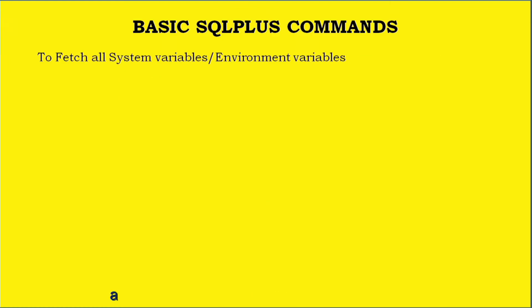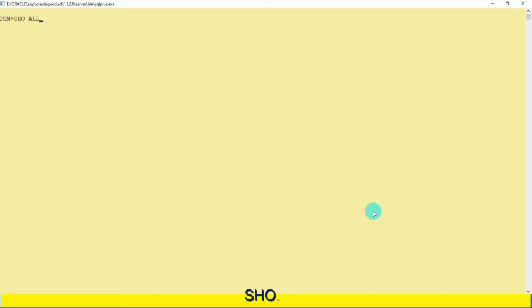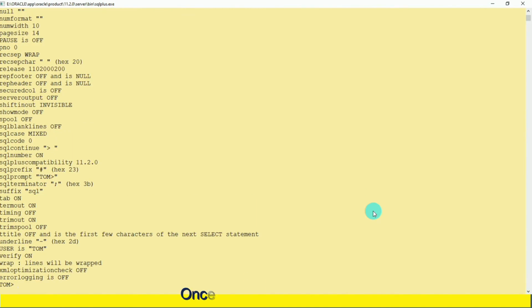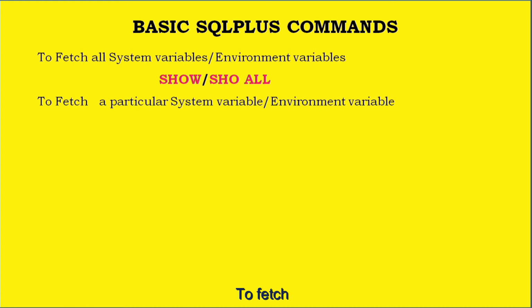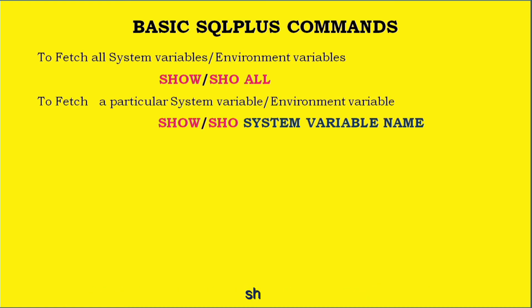To fetch all system variables or environment variables, type show all or SHO all. Once you type SHO all, you get all the system variables and their respective values. To fetch a particular system variable, type show or SHO followed by the system variable name.